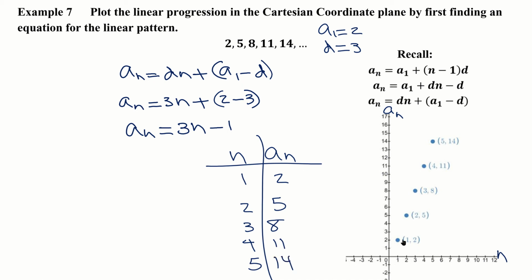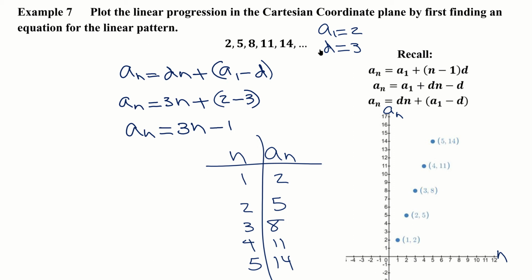But then we just plot those points. And as expected, notice the pattern is linear and the points are what we call collinear. And that should always be true for any arithmetic sequence. So there is the equation for the linear pattern, and there is the graph of the linear progression. The partial graph, of course, this keeps going unless there is some kind of a restriction, and there isn't one here.